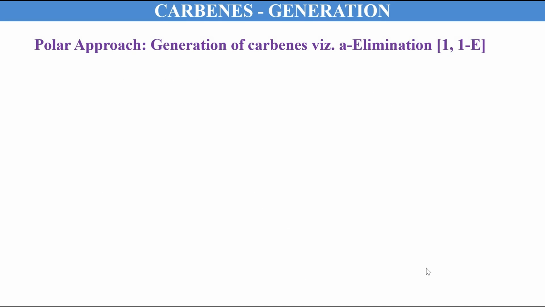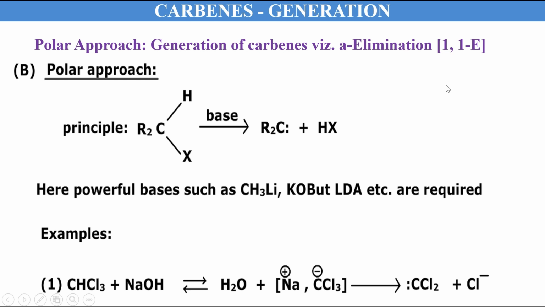Another method of approach is the polar approach. This is called alpha elimination, that is, 1,1 elimination. Elimination takes place from a single carbon. When I take an alkyl halide and treat it with a base, I'll get a carbene and a hydrogen halide.